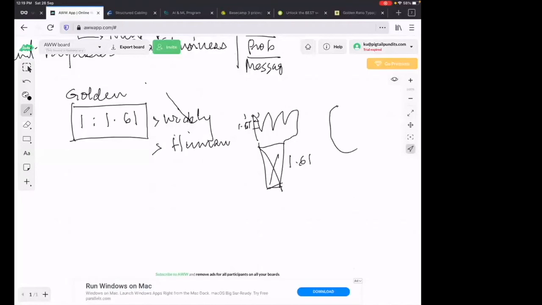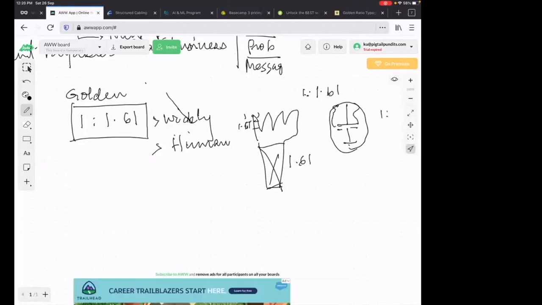And if you look at the face of someone beautiful, they are more aligned to the golden ratio. That's why they look beautiful. So forehead, eyes, nose, mouth, these parameters will follow the 1:1.61 ratio.